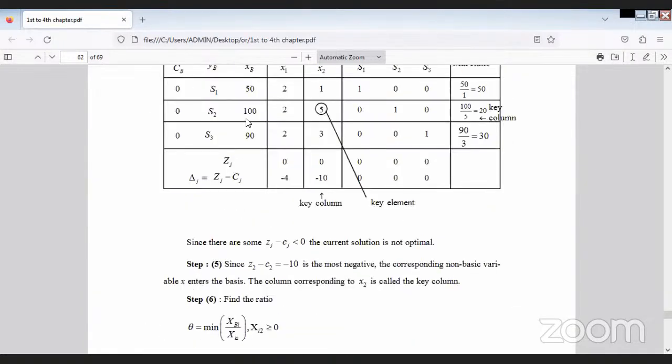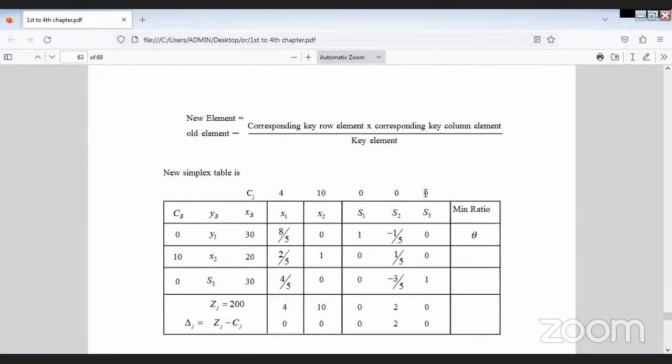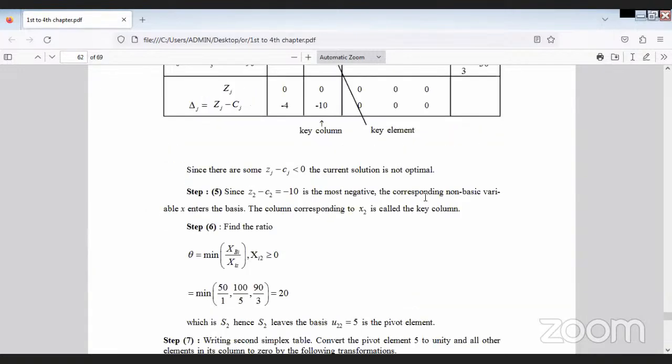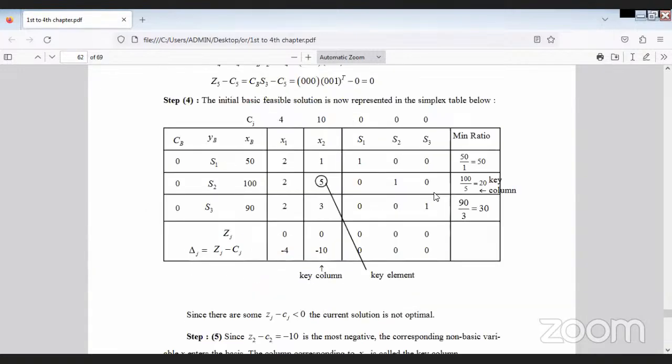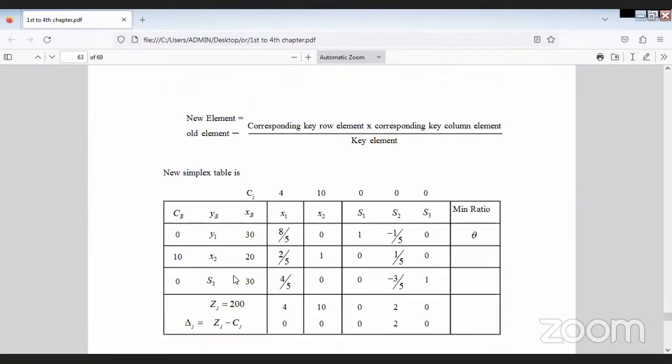Next, 100 minus 20, 80, sir. 90 minus 20, 70. But how can it be 30, 20, 30? Tell me, make it fast.